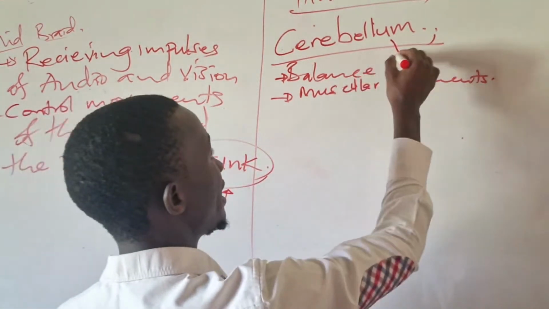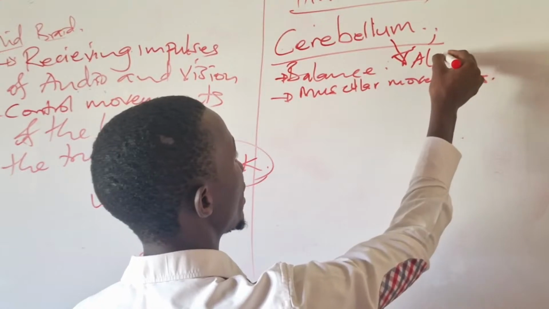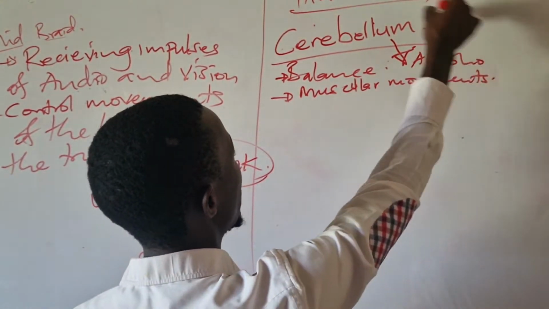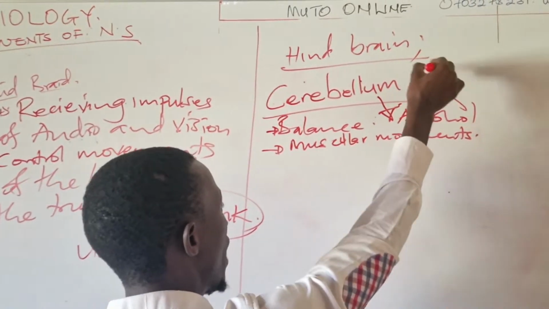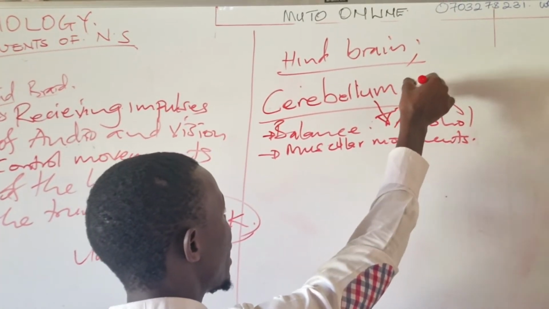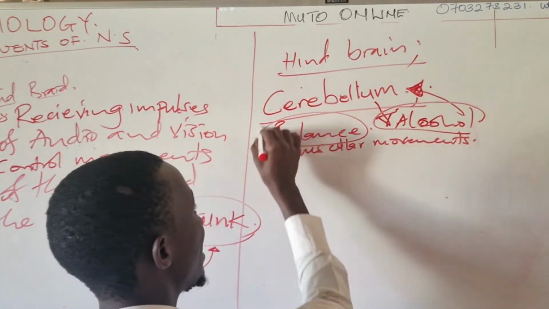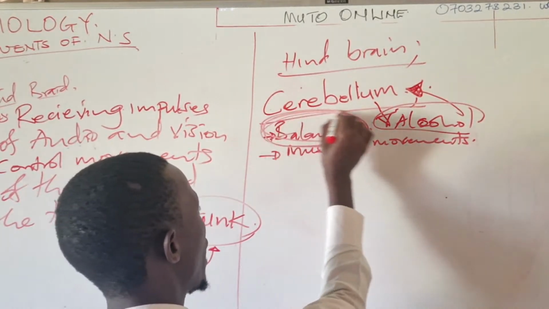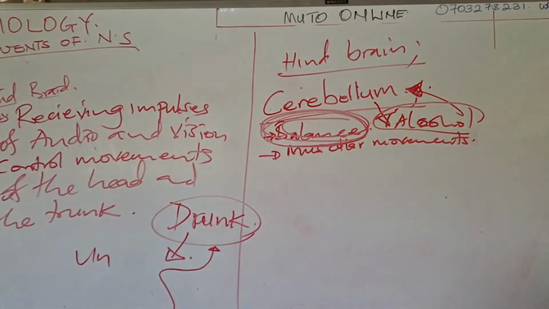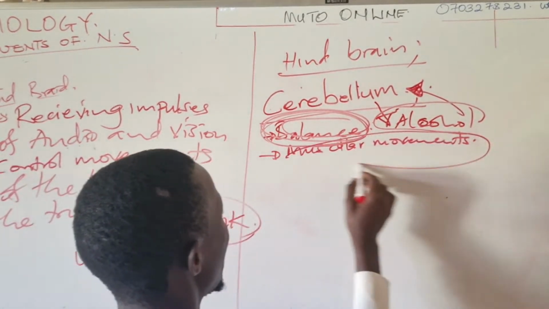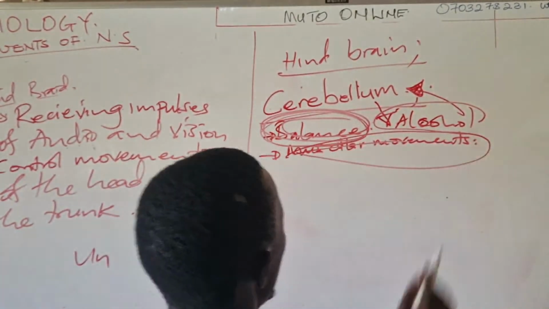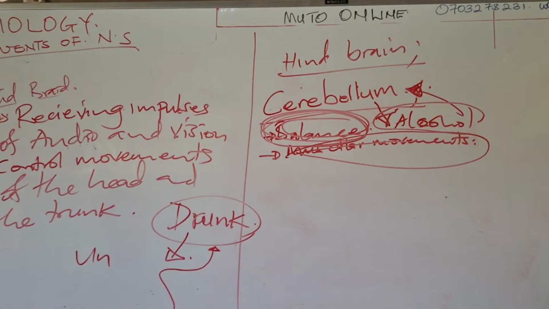The alcohol people drink affects mostly the cerebellum. When it is affected by the chemicals in the alcohol, it affects the balance. Some of the people who overtake the alcohol are not even capable of moving because the cerebellum cannot coordinate the legs to cause movement.